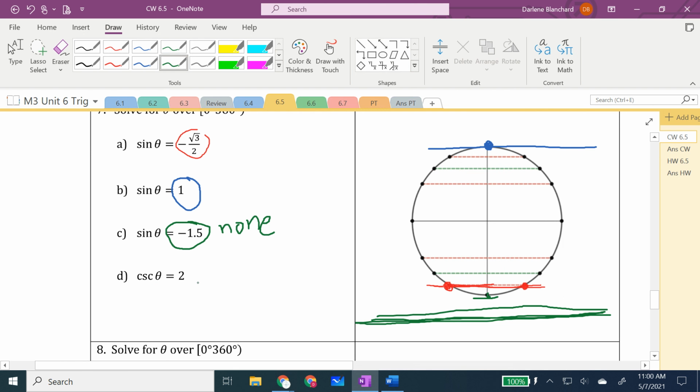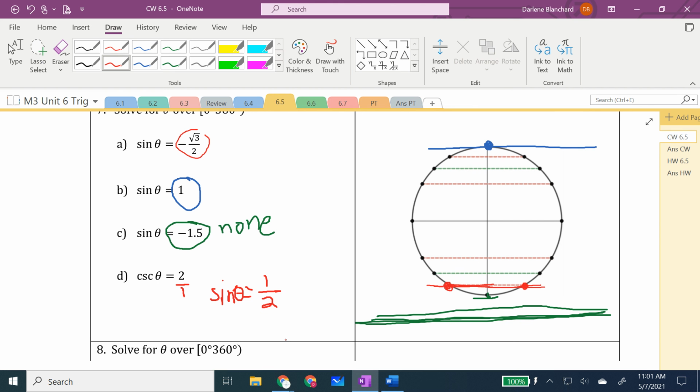When you run into cosecant, first reciprocal. 2 is 2 over 1. That makes the reciprocal 1 over 2. Cosecant's reciprocal is sine. And now you're back to solving an equation for sine.